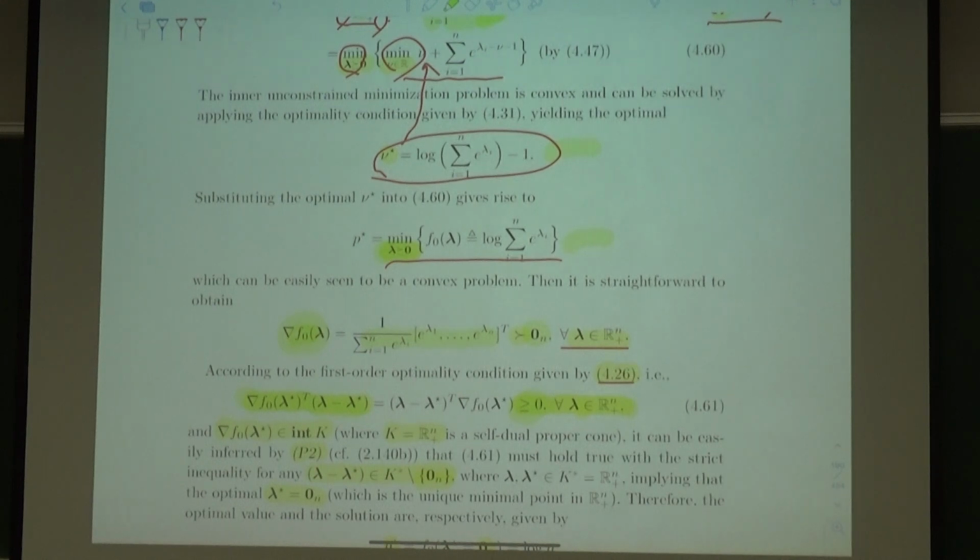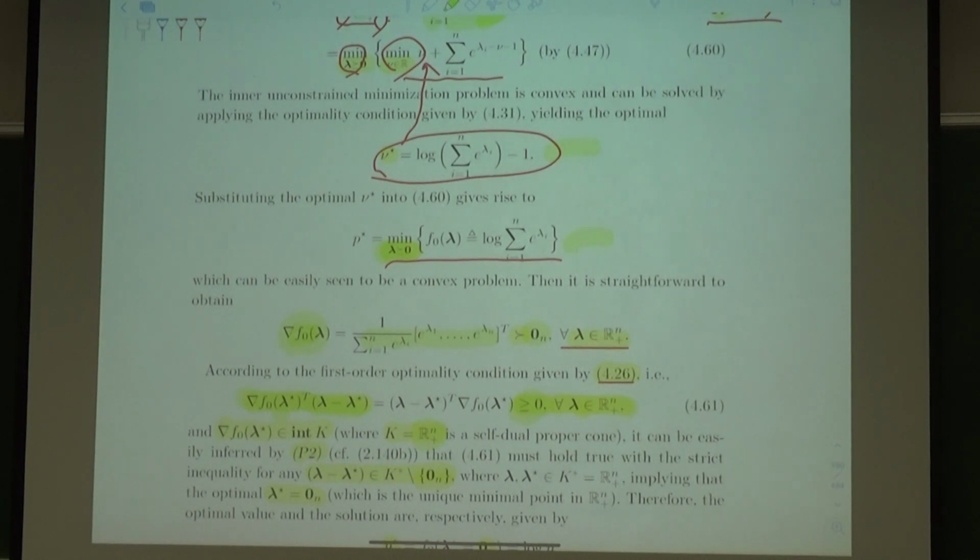In other words, this vector is in interior K, and lambda minus lambda star must be in the dual cone K star. The vector inner product must be greater than or equal to 0.